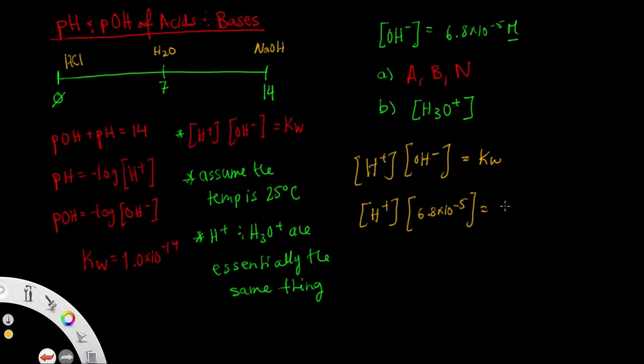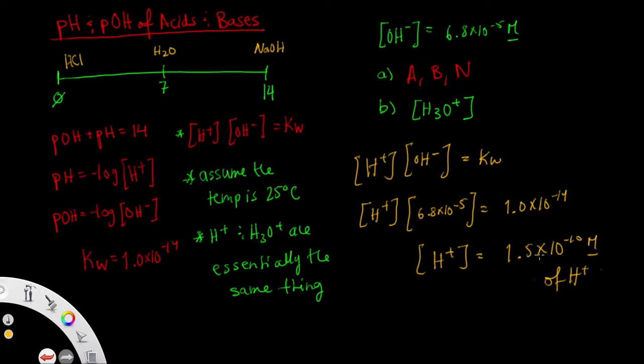And that equals our equilibrium constant for water, which is 1.0 times 10 to the negative 14th. So if we divide both sides by 6.8 times 10 to the negative 5, we would get that our H plus concentration would be 1.5 times 10 to the power of negative 10 moles per liter of H plus.